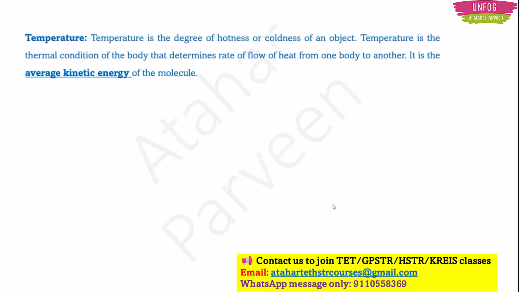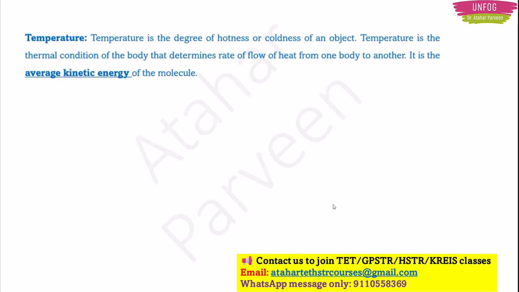Or in simple words, it is the average kinetic energy of a single molecule in that object. What was heat? Heat was the sum of the kinetic energies of the molecules present in that body. We were talking about all the molecules present in that body. But temperature is just the average kinetic energy of one molecule.